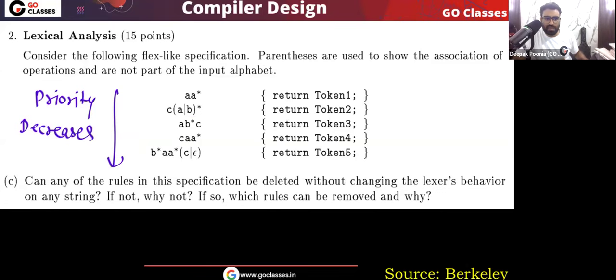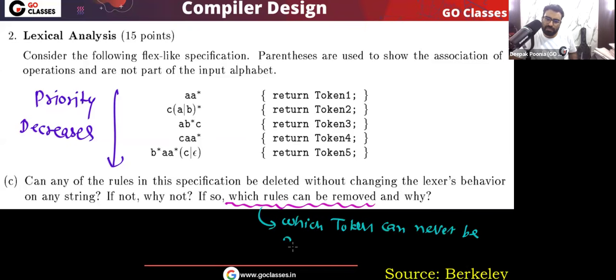The question is asking which rule can be removed. Okay, means which token can never be generated for any string.